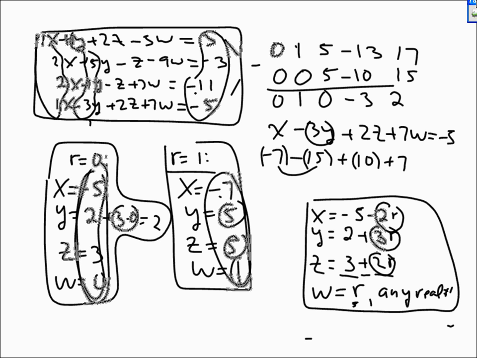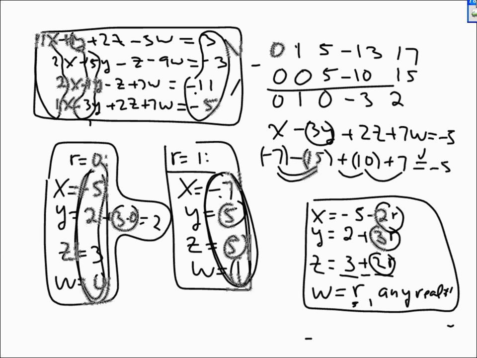Negative 7 minus 15 is negative 22. You took away 22, and you add back 10. You have $22 in your hand that you just took out of the bank, and you give the teller back $10. Well, you have $12 in your hand. And then you add 7 more. Negative 12 plus 7, it's negative 5. But of course, you have to use these 4 numbers in all 4 equations, and it would work.